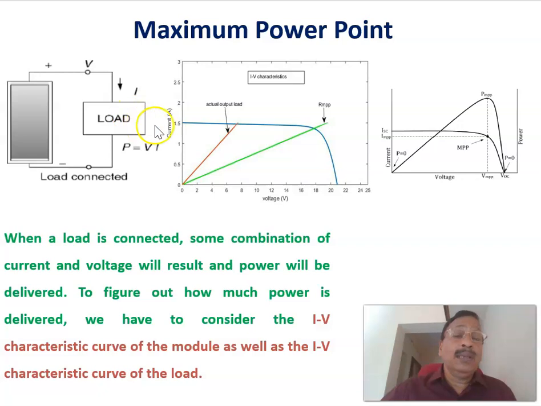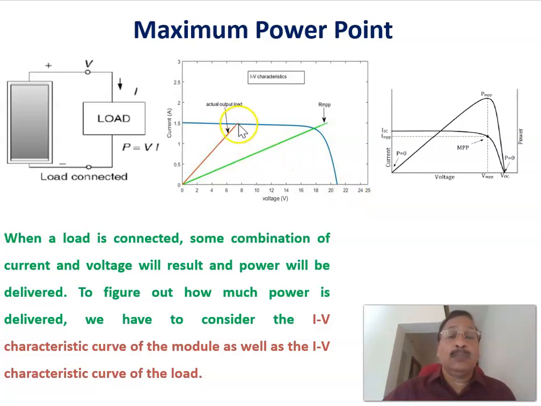When a load is connected, the current through the load and the voltage across the load are related. For a resistive load, the current and voltage are linearly related, so the IV characteristics of the load is a straight line like this one. The operating point, the voltage and current at which it operates, depends upon the point of intersection of this load characteristics and the solar panel characteristics.